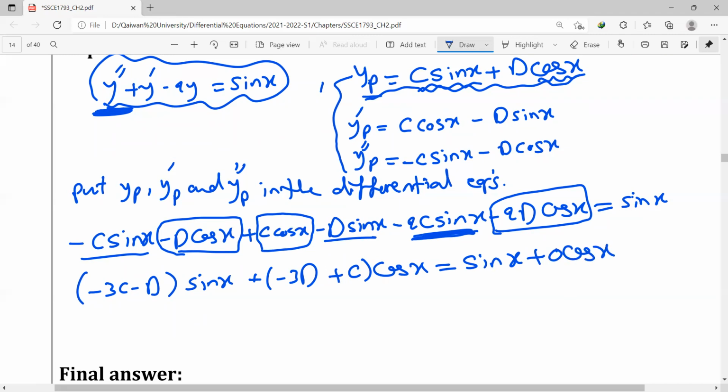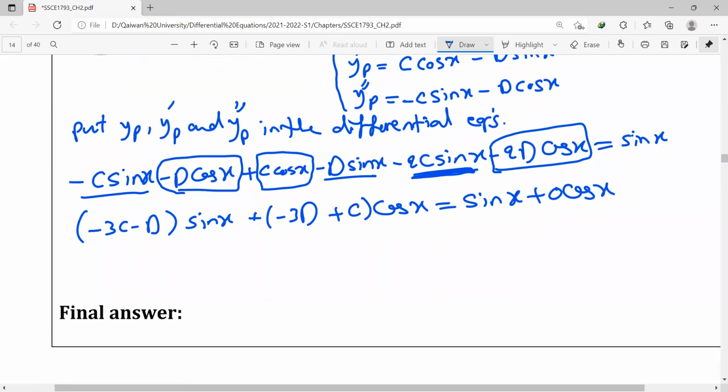Since we only have sine, that means the coefficient of cosine is 0. That's why you have no cosine. Okay? We have 1 sine x plus 0 cosine x. Now, we just equal the coefficients of sine to each other and coefficients of cosine to each other.